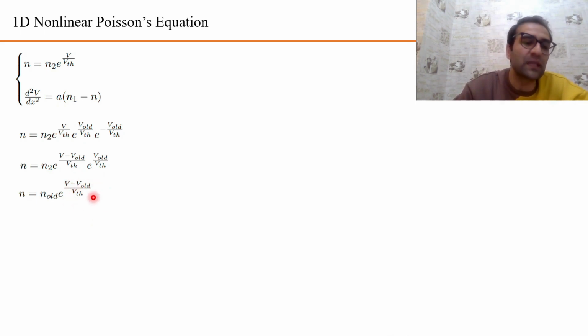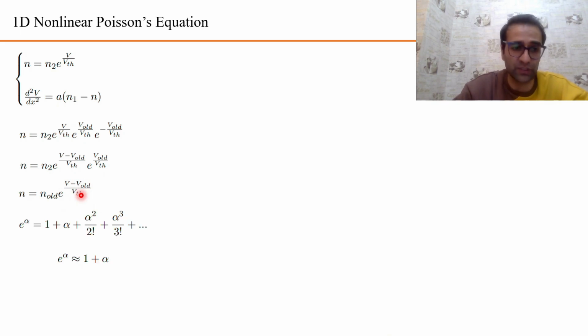Therefore, we can use the Taylor expansion of the exponential function. We know that the Taylor expansion of the exponential function e to the alpha is 1 plus alpha plus alpha squared divided by 2 factorial plus alpha cubed divided by 3 factorial plus higher order terms. And when alpha tends to 0, it is very small compared to 1, we can neglect all the higher terms and just keep these 2 terms.